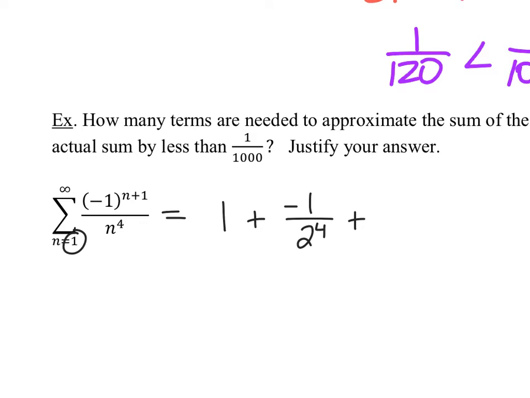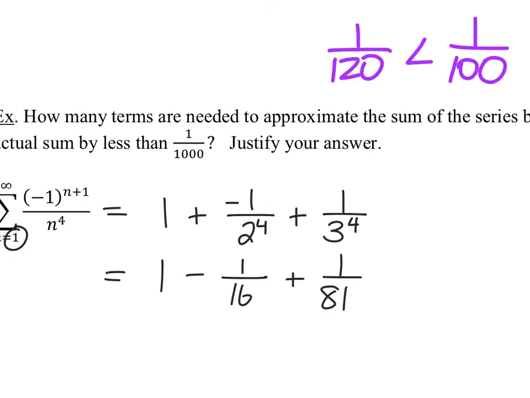Plus, the next one is going to be, now that we know what the pattern is for the top, we know it's going to be positive, negative, positive, negative. So the next one's going to be 1 over 3 to the 4th. Now, as you go, you may want to simplify. So this would be 1 minus 1 over 16 plus 1 over 81.